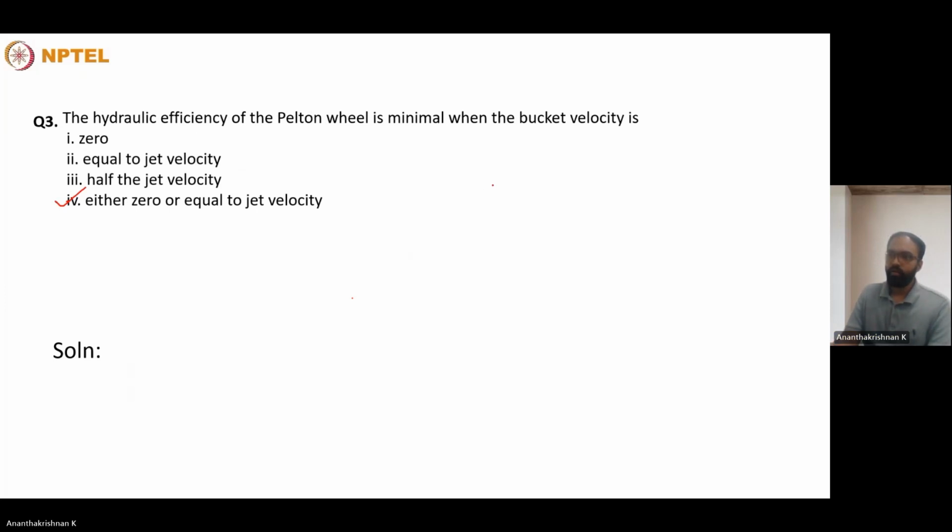The hydraulic efficiency of the Pelton wheel is given by the equation, divided by C1, (1 minus U1 divided by C1) multiplied by (1 minus K cos theta).